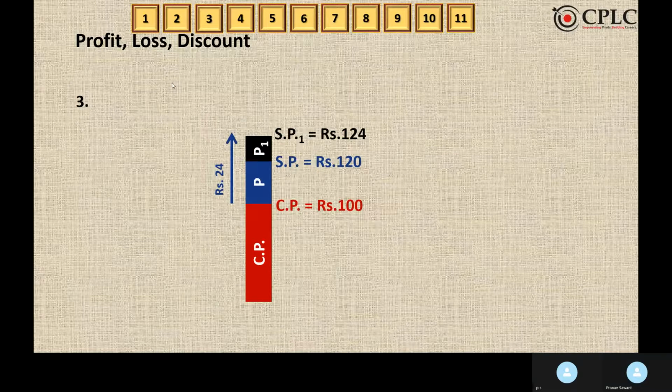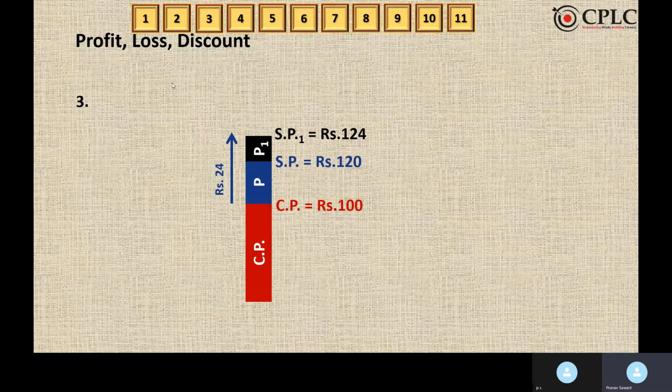Now, selling price is equal to 120, selling price is equal to 124. It is mentioned in the question that due to 20% of 120, due to 20% of the selling price, we will get a new selling price, that is 124. Now 124 is the new selling price, 120 is the old one.